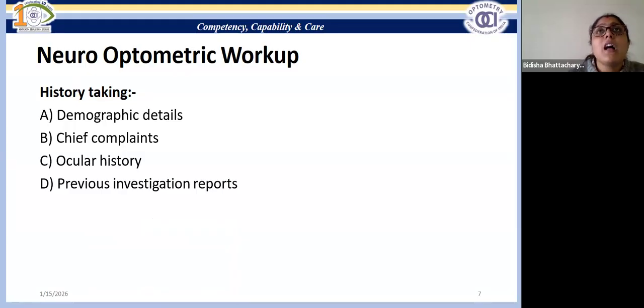They may have had the Humphrey visual field as per the neuro-ophthalmologist, and the ophthalmologist referred them to your clinic for further evaluation and treatment. So if they had HVF, OCT or any other diagnostics, you have to mention the recent report in the medical records.